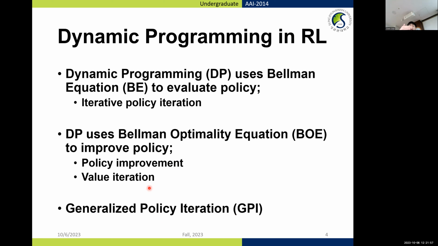After that, we use value iteration to simplify the process: once the value is updated, we greedily select the maximum value, which gives the optimal policy. Later we generalized the policy iteration process, the circle, into GPI. We will use this concept again and again throughout this lecture because it is a general pattern for designing RL algorithms.